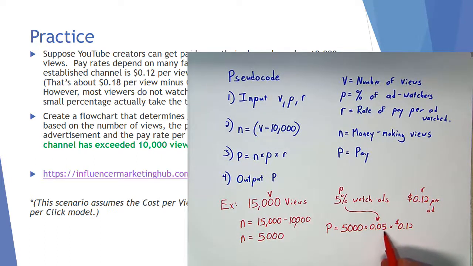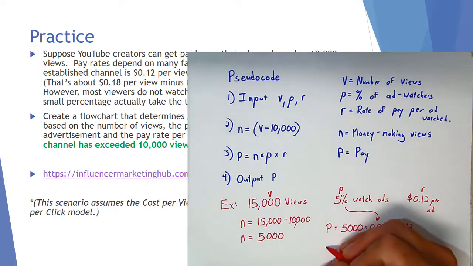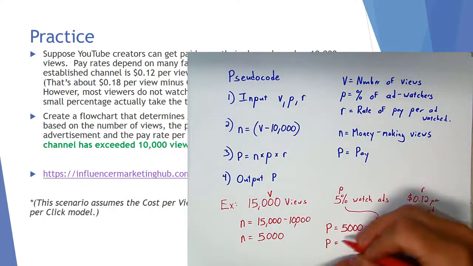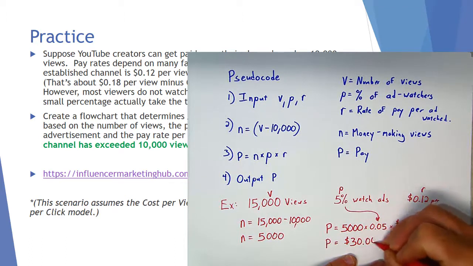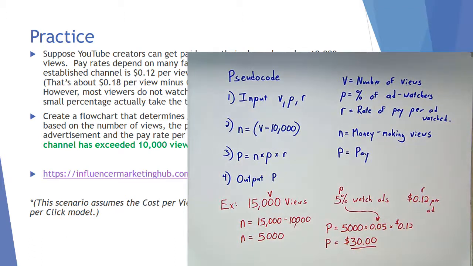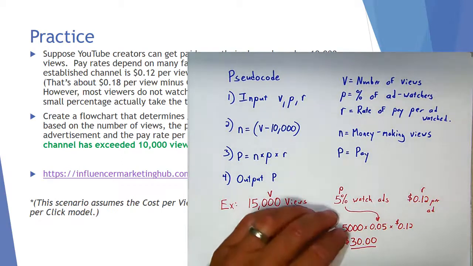So 5% of the 5,000 people I'm getting paid for watch the ad, and whatever that number turns out to be, we'll multiply that by 12 cents per ad watcher, and that's how much I'm going to get paid. And as it turns out, I'm going to earn $30 for the 15,000 people that watched my video. Now we can turn that into a flowchart.